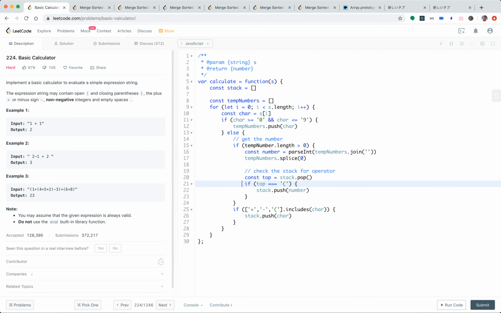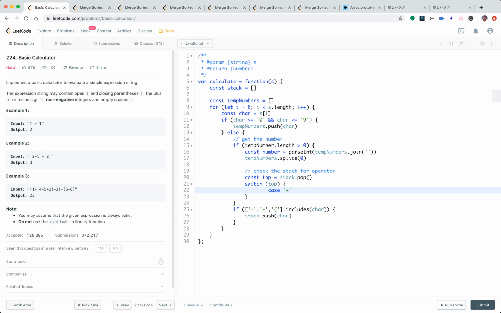We can use switch now. Switch top, case.